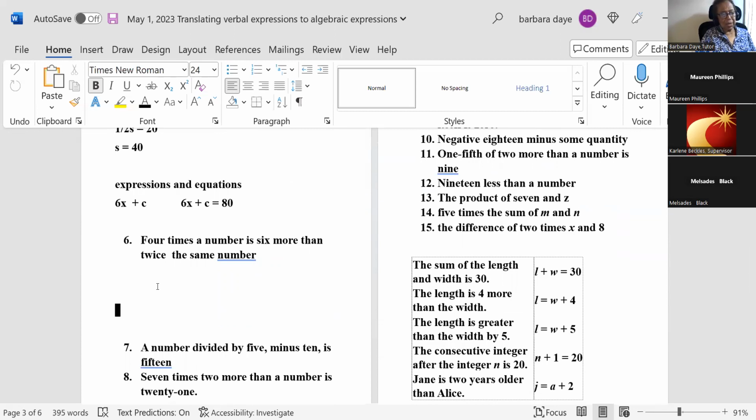Tell me how you would write it. 4 times a number is 6 more than twice the same number. Now break it down. 4 times a number. What operation, Mercedes?